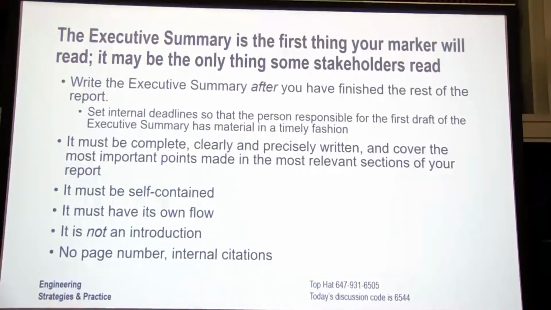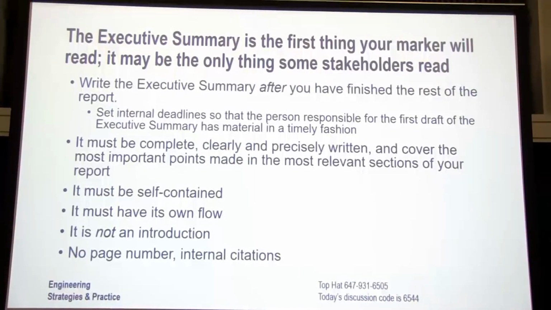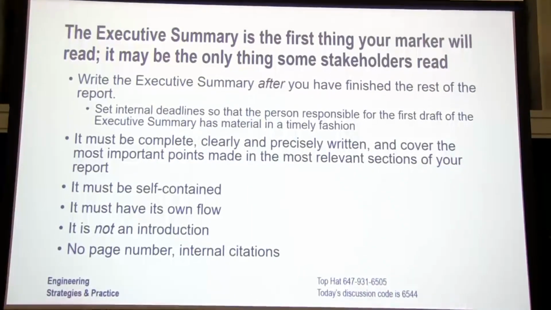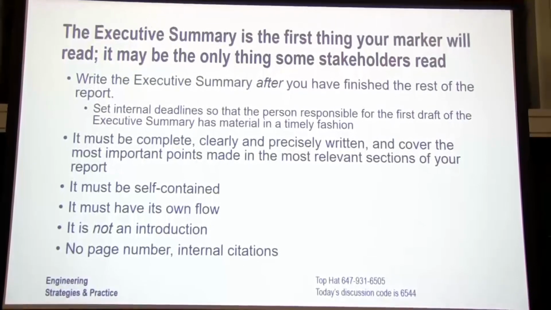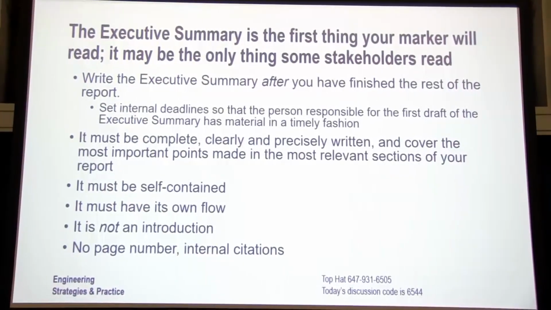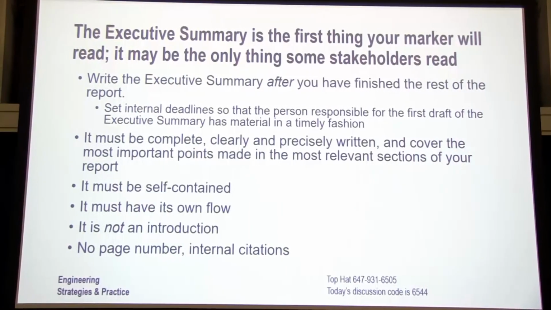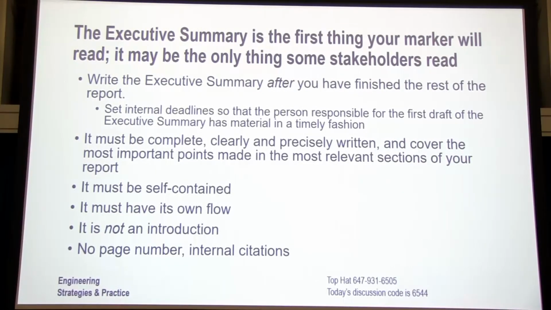I was thinking this morning as I was going over my notes, you wouldn't go up to somebody and say, okay, I got this great plan, I got this great idea, give me $100,000, I'll give you the details later. And an executive summary that is ineffective does just that. It says, oh well, we've got this idea, we've got this information, you've got to look in the document, but give us the money anyway.